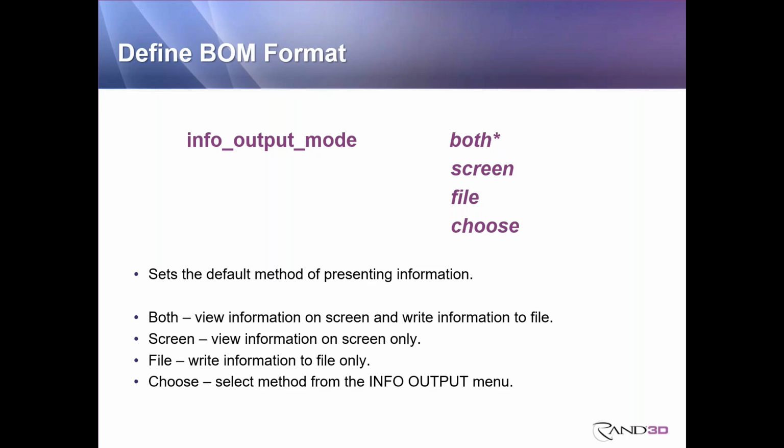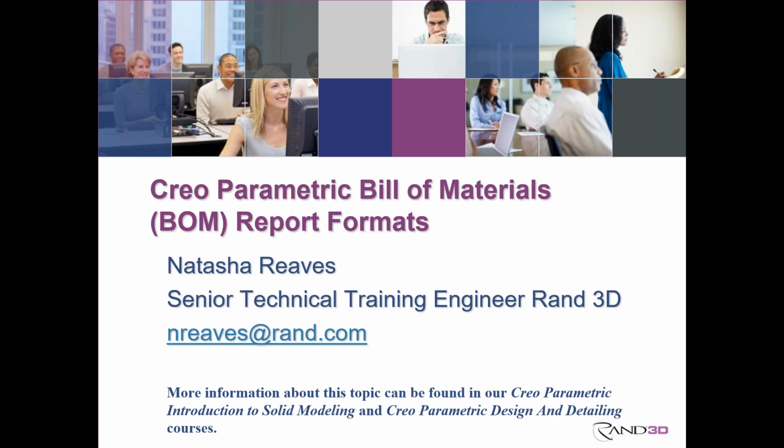You have the other options. If you go with choose, the other three options are choices from a list. It's an extra click, but if you'd rather specify screen or an actual text file, then it's beneficial. The point is, the software is flexible enough to allow you to specify your choice of option, one way or the other, for how the output information is communicated or presented to you, which is very nice.